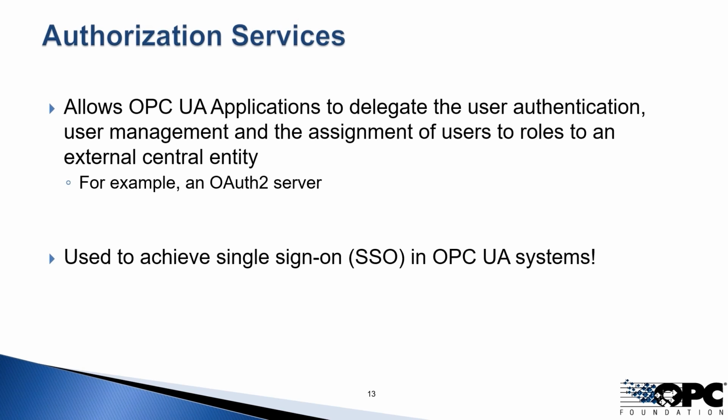And this decoupling makes it easier for administrators to manage users coming and going on the system, users' roles changing on the system, without having to go to each and every OPC UA application and making changes based on those types of personnel changes. And these services are also used, and I'll explain in a further slide how this might look, but we actually achieve a single sign-on in OPC UA systems.